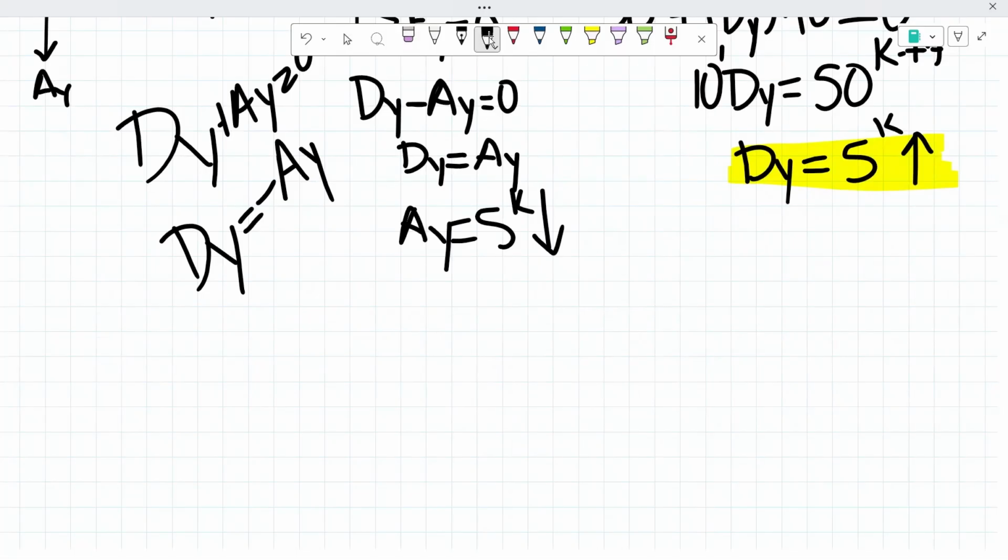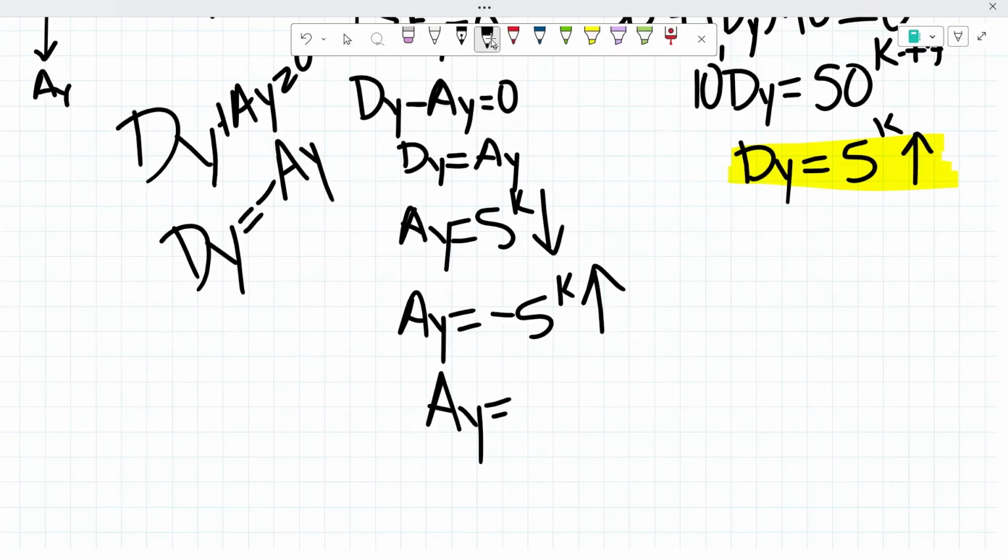So you would have gotten that A sub y is equal to negative 5 kips going downwards. Sorry, going upwards, because this is an example if you would have assumed going upwards. But again, we want positive forces.